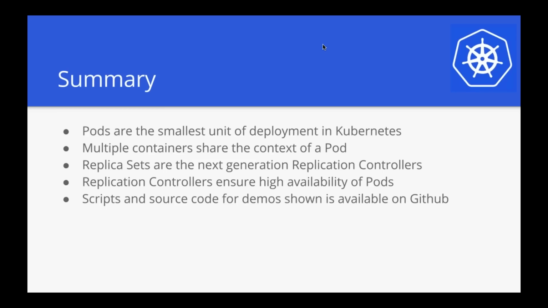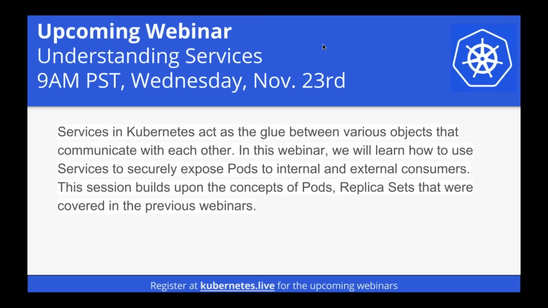All right, so we had a pretty detailed discussion around pods and replication controllers. To do a quick recap, pods are the smallest unit of deployment in Kubernetes, as Joseph has been articulating. It is a fundamental deployment unit in Kubernetes. One pod can contain one or more containers, but at least one container.